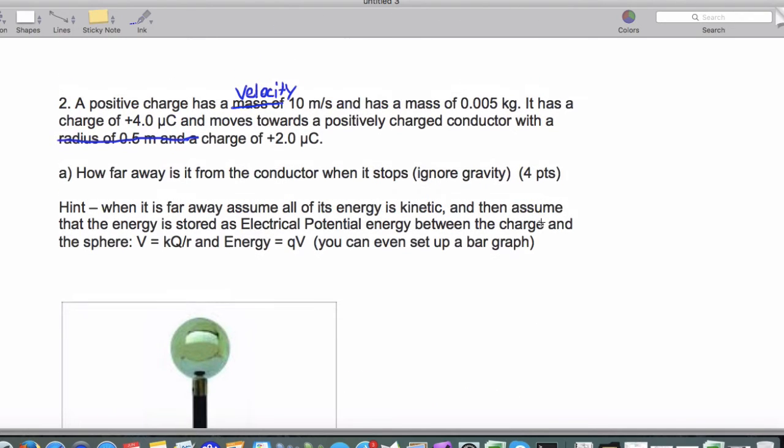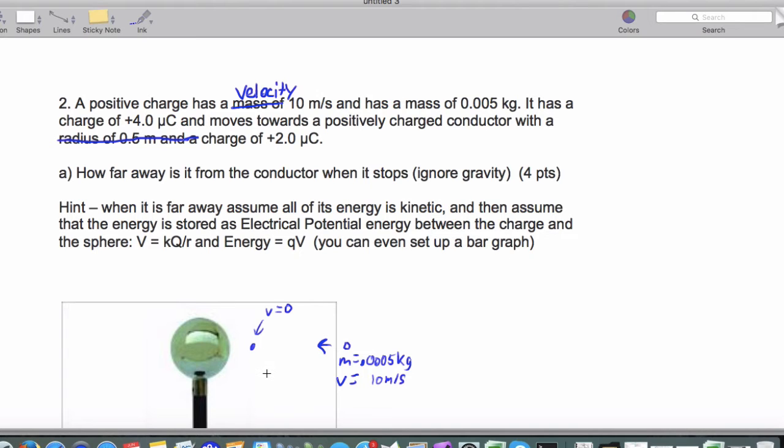So let's be clear on what's happening. I'm launching a charge this way that has a mass of 0.005 kilograms, sorry, and a speed of 10 meters per second. And right here, its speed goes to 0, okay?